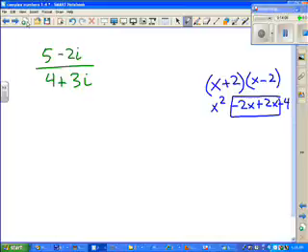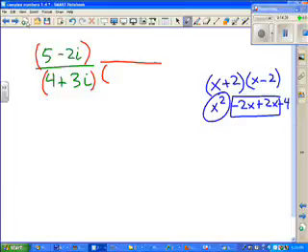So if I look at this with imaginary numbers, since I'm going to end up with i squared, I can simplify that. So what I want to do over here is multiply top and bottom, numerator and denominator, by the conjugate of the denominator.